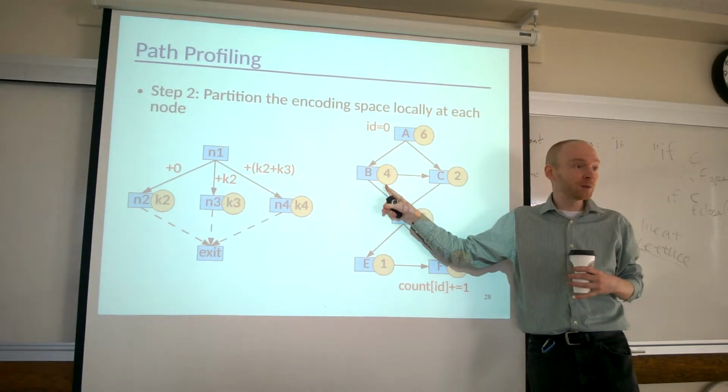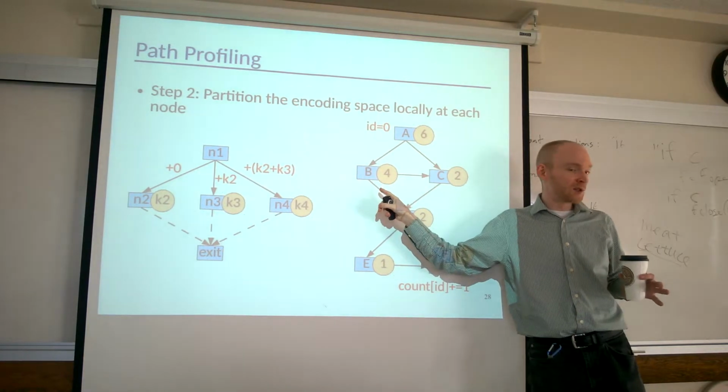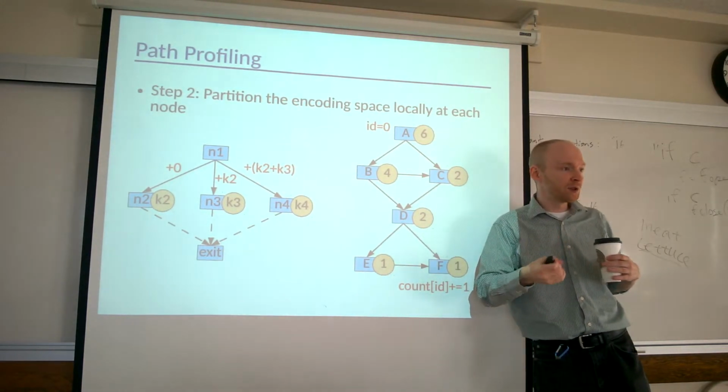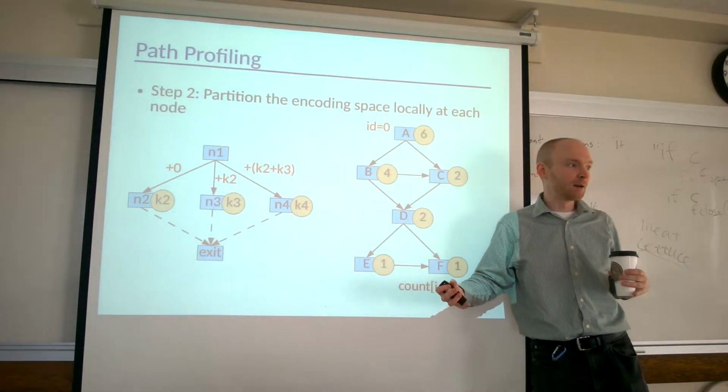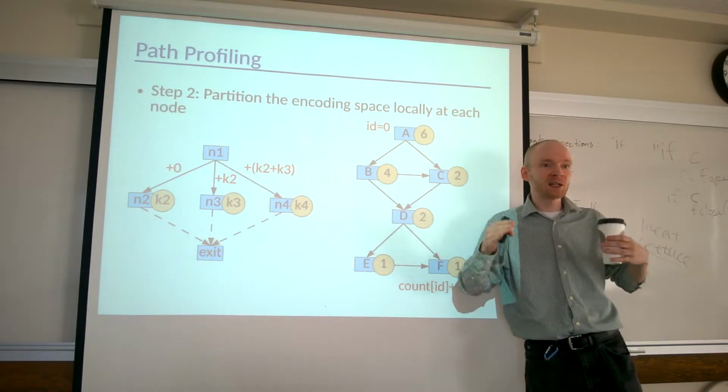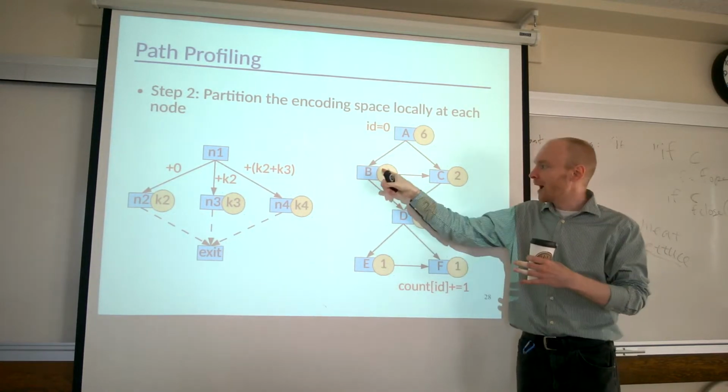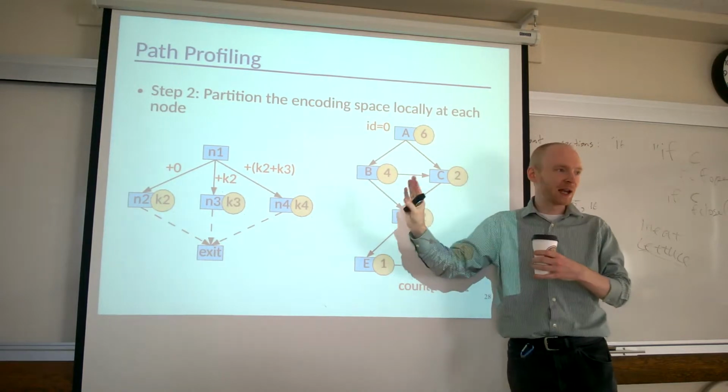Because we've counted the number of paths, there are only 4. So we can give those paths the IDs 0, 1, 2, 3, right? So we're partitioning the encoding space. That's what we mean by it. We're just giving the paths that start with AB a certain range.